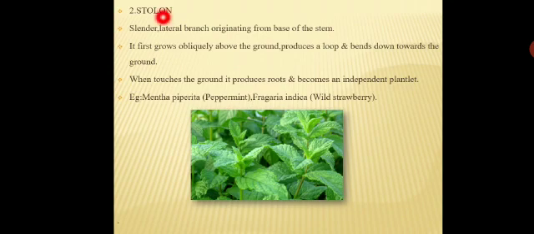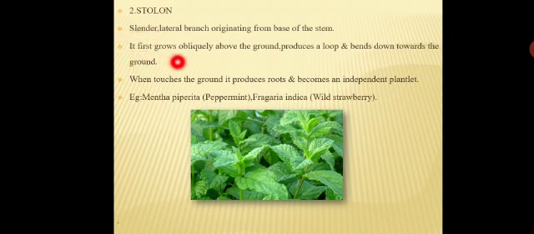Next one is called stolon. What is the meaning of stolon? Stolon is also slender, and it contains a lateral branch originating from the base of the stem. The stem has the capacity to be modified, originating from the base of the stem, and that is called a stolon.